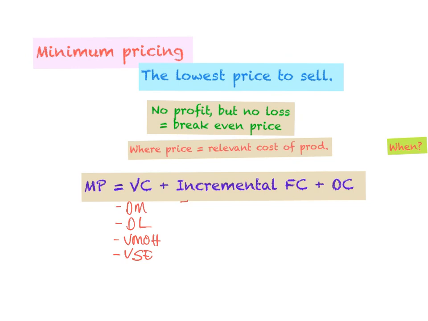Maybe you will need to rent a machine. So this is the incremental fixed cost. Maybe because of that, you will need to pay the transportation. So this is the incremental fixed cost. Or maybe you need to pay for the insurance, especially just for accepting the special order. So these are the costs that you need to include to determine the minimum price.